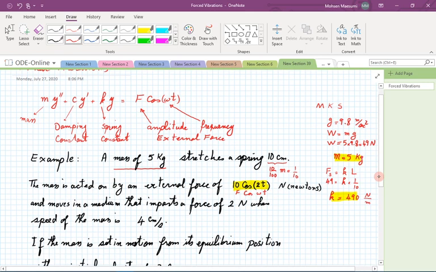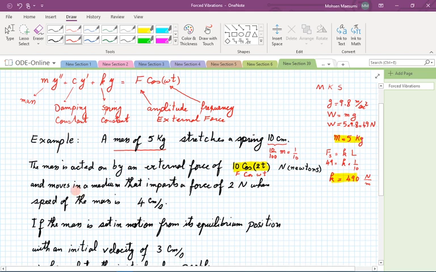Next, level up. We have to figure out what the damping coefficient or drag coefficient is, or whatever is indicative of friction in the system. So it says when this object moves in that medium, a force of 2 newtons is going to prevent the object from moving if the speed of the object is 4 centimeters per second. Let me just remind you again, like the drag force, when you stick your hand out of the window of a moving car, you feel a force on your hand.